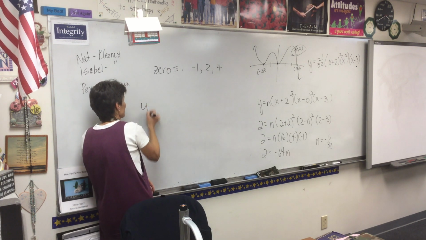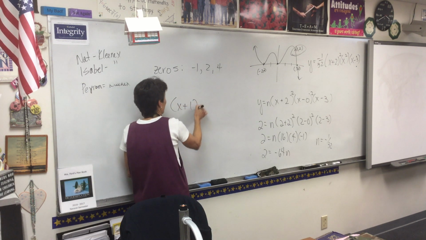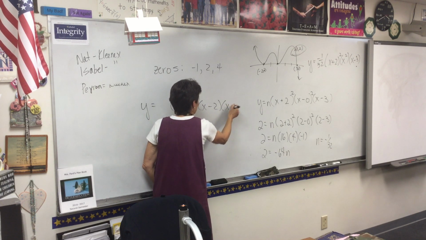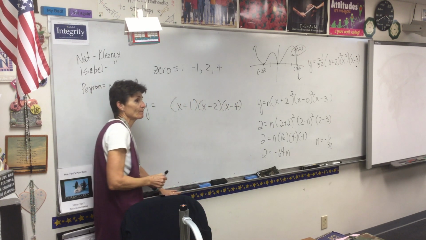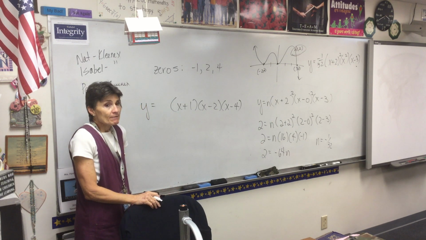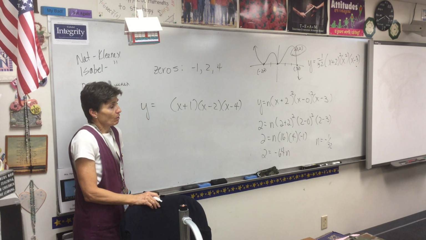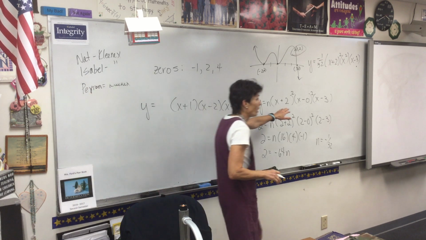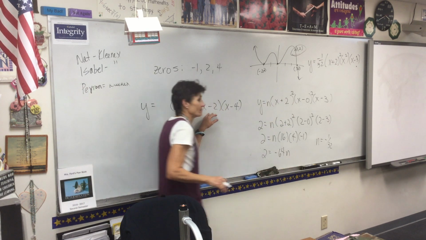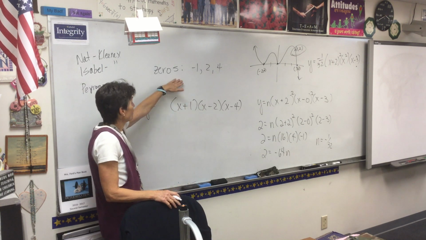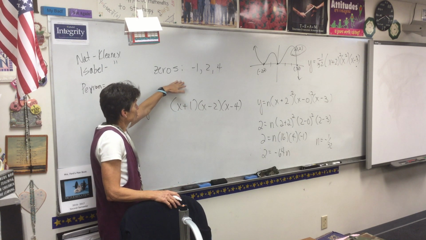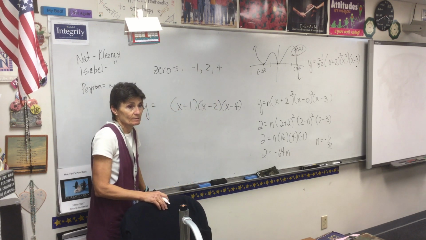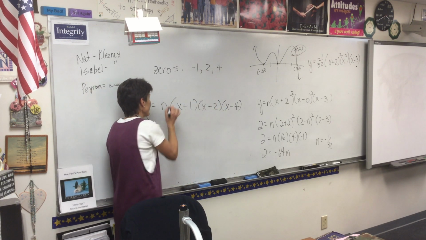So my factors will be x plus 1, x minus 2, x minus 4. Does that make sense to you? If they want a 0 to be a multiple 0, like a squared one, they'll have to tell me that. I can't tell from a list. So I'm assuming since they didn't say anything, these are my factors. Now I gotta figure out that number.